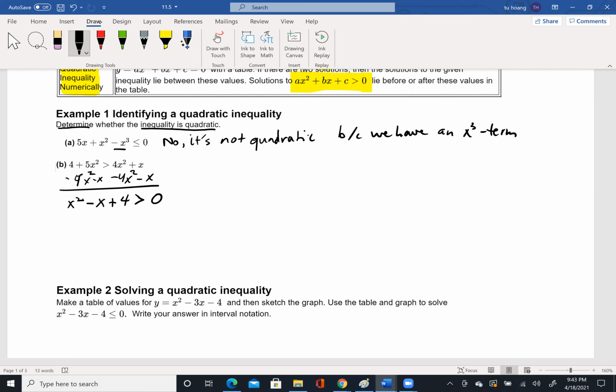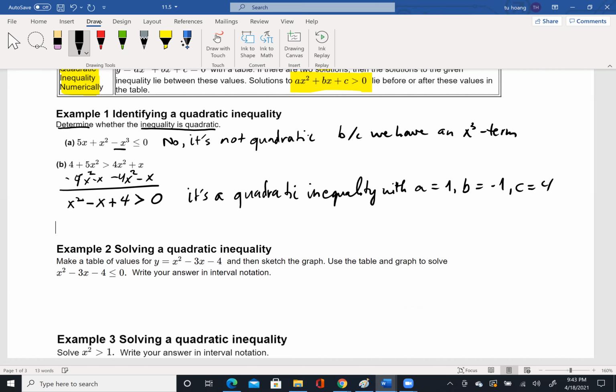So what you have right now is a quadratic inequality, with a equal to 1, b equal to -1, c equal to 4. Okay, so let's move on.